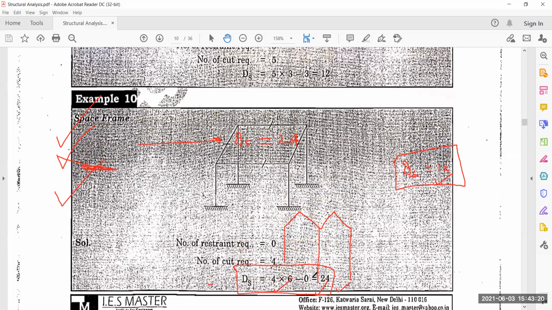Sir, if a vertical load is put in this question, then what will happen? If a vertical load is given in this question, what will change in these formulas? Do we have a separate formula for this?